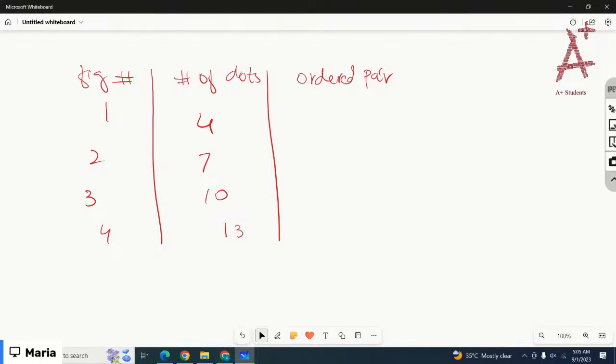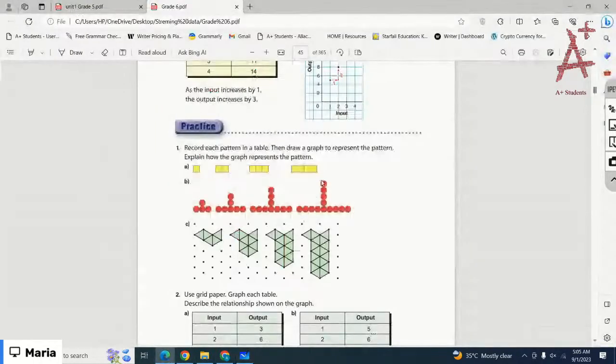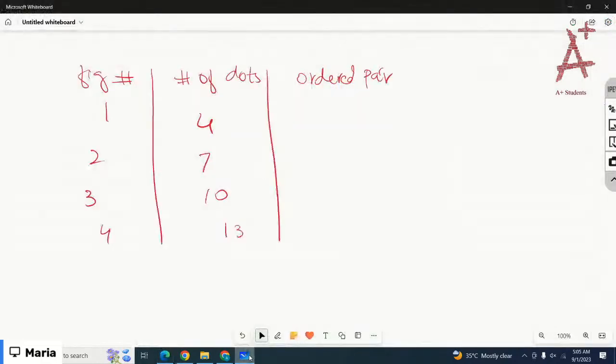Let me just count once again, right? So 1, 2, 3, 4, 5, 6, 7, 8, 9, 10, 11, 12, 13 it is, right? Okay, the ordered pairs they make are 1 and 4, 2 and 7, 3 and 10, and 4 and 13.